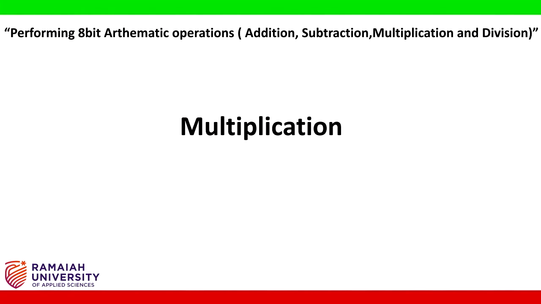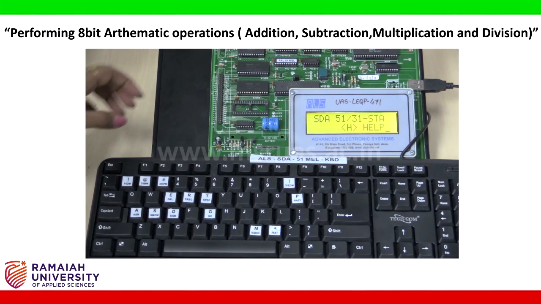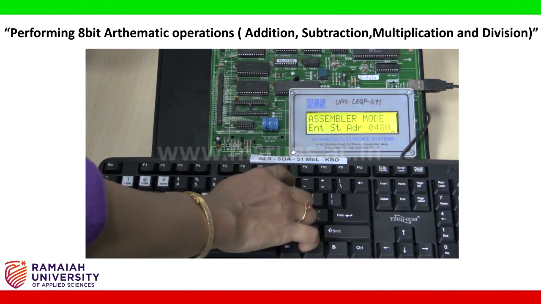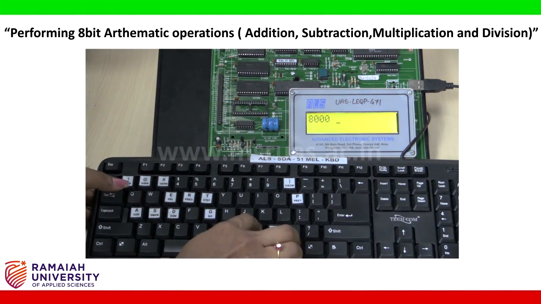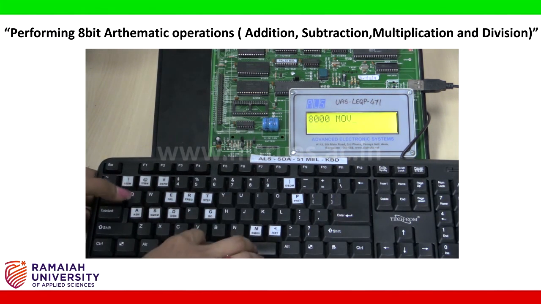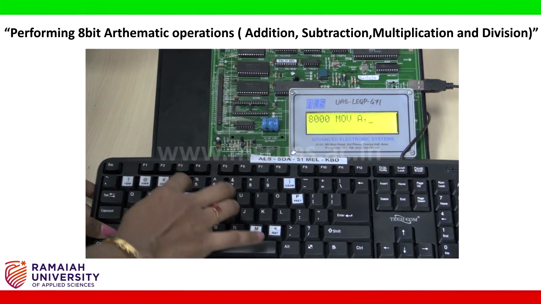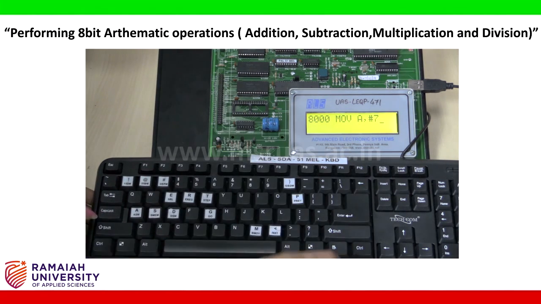Now let us start with the multiplication of two 8-bit numbers. To start with multiplication, we should know that always the source and the destination should be the accumulator and register B itself. So press A, provide the address location from which you need to start, press enter. Then give MOV A, #7.